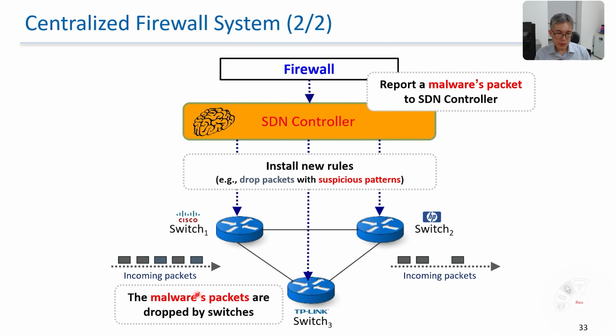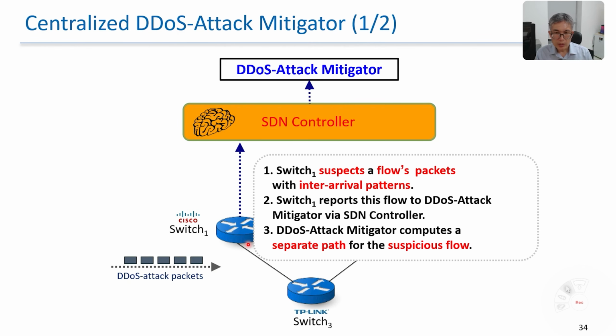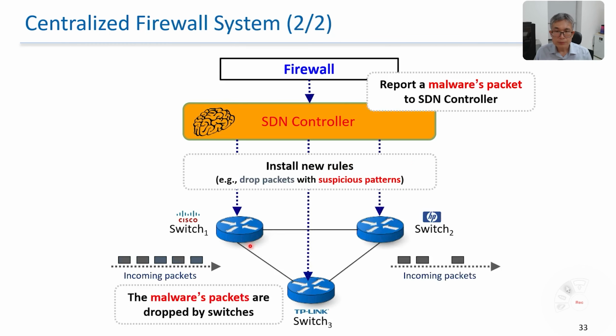Okay, so the consecutive incoming packets with the malicious pattern come in, and then they can be dropped by the switches because those new rules are installed by the SDN controller.